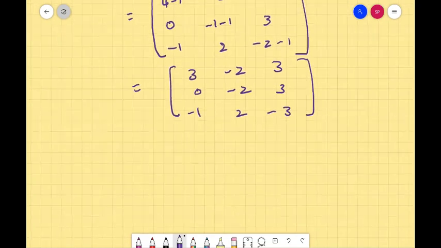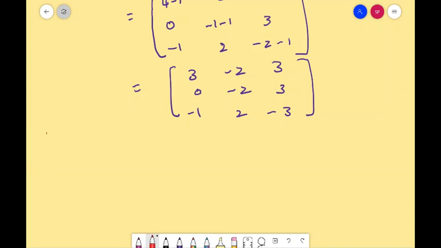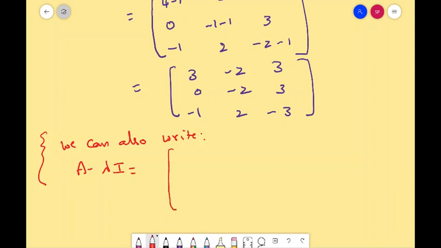See, the same thing I can write directly. A minus lambda I is whatever A is, and we subtract only from the diagonal elements.